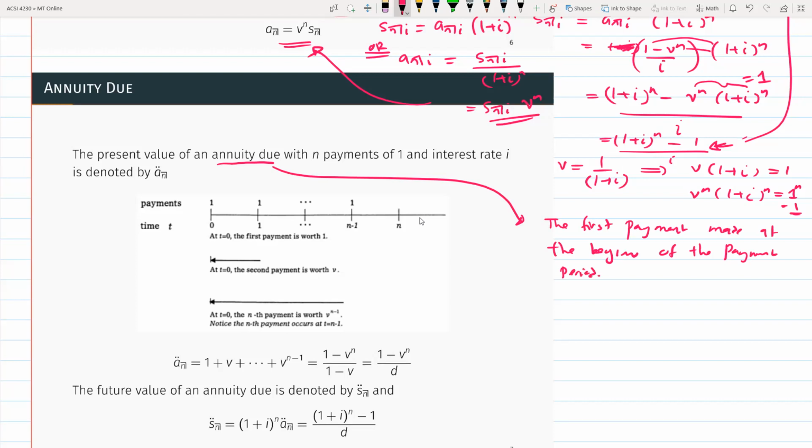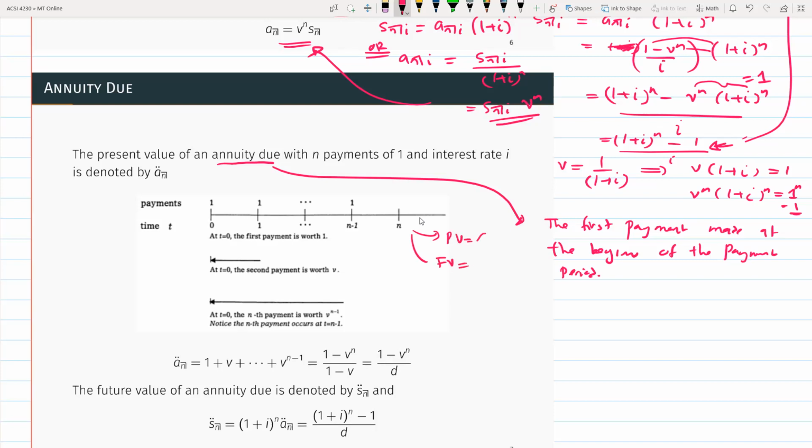For example, mortgage or rent. You usually pay at the beginning before you occupy the premises. So it's different from annuity immediate where you pay at the end. Okay. So again, we can ask two questions. What is present value? What is future value?